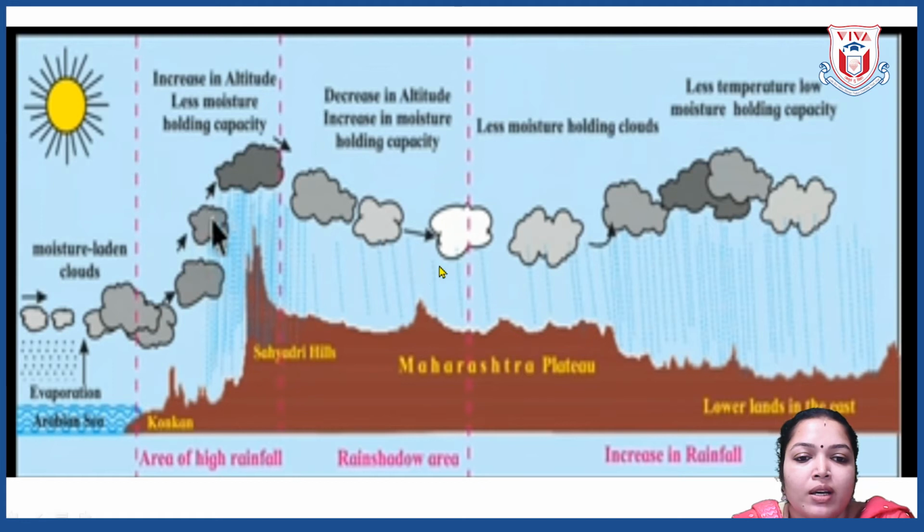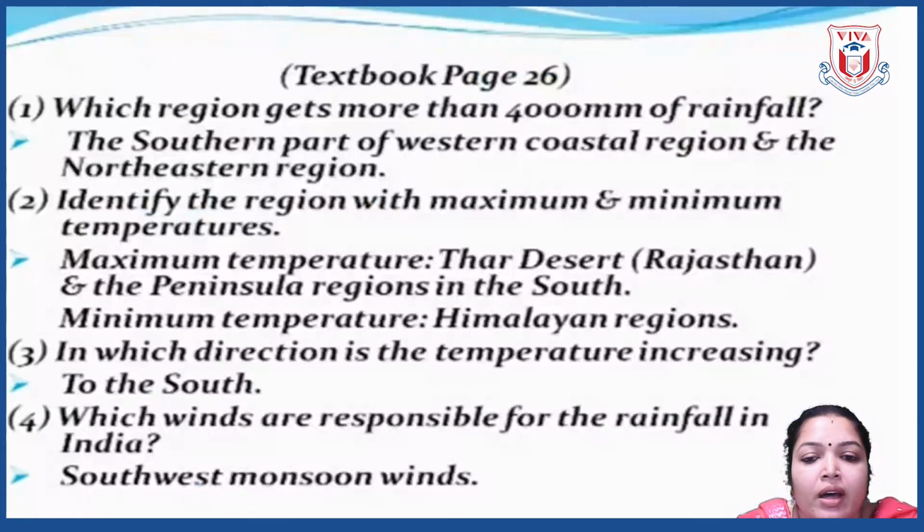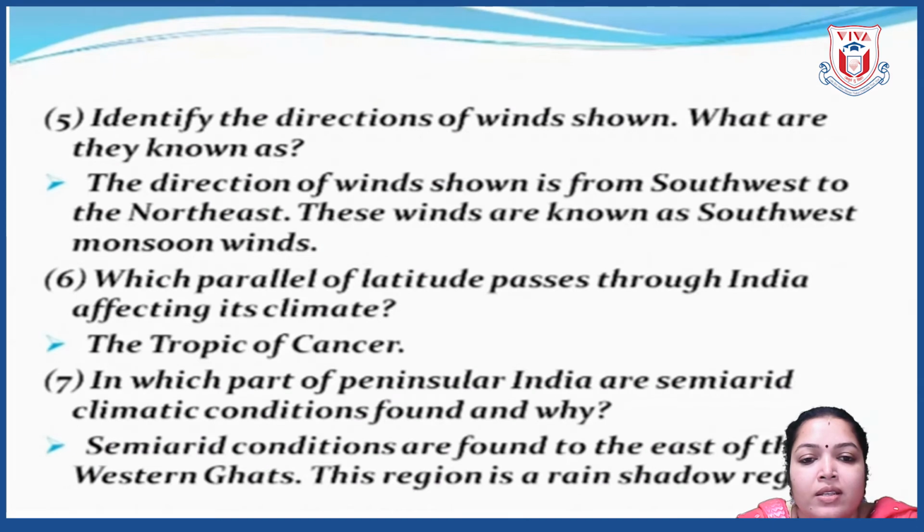So, we can see the cloud has become fully empty, but as it moves farther and farther, it gathers moisture, and again this region starts raining heavily. So, in our map we can see this region, once it crosses the Western Ghats, we will have the arid region. This region is called a rain shadow region.